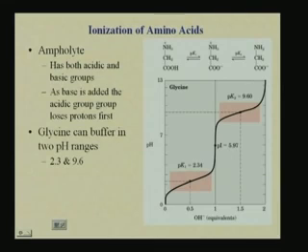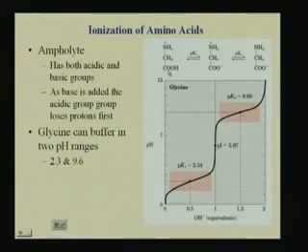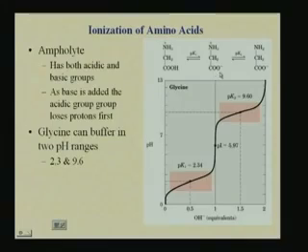What does this mean? It means that at this point I have equal amounts of the carboxylic acid anion, the CO minus, and the COH. Now, it is in its zwitterionic form. I keep on adding OH minus. As I add OH minus further, what is going to happen?